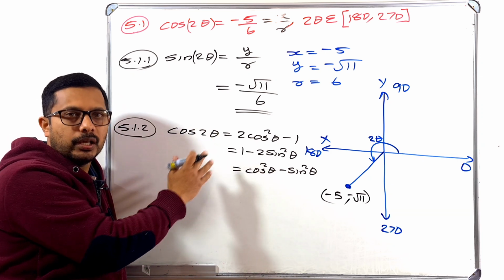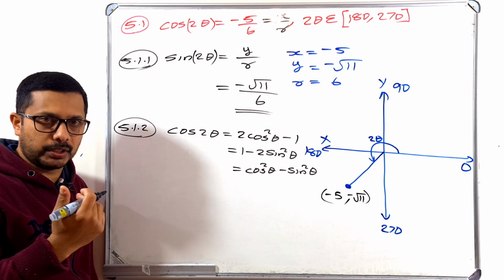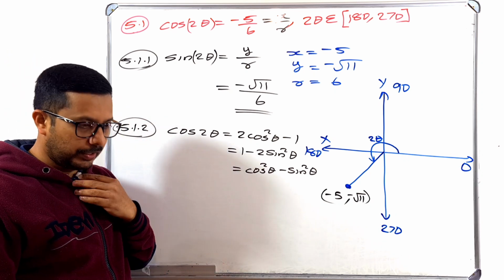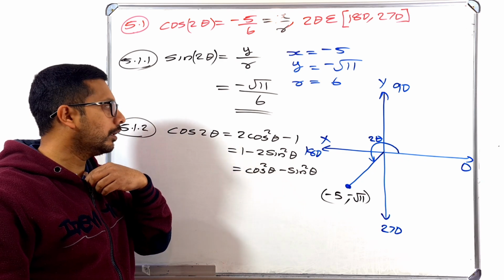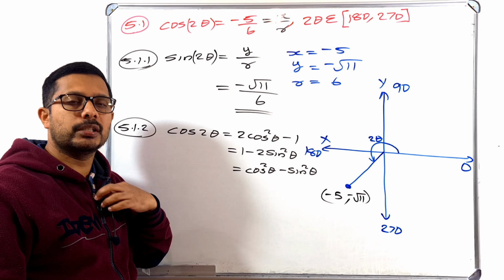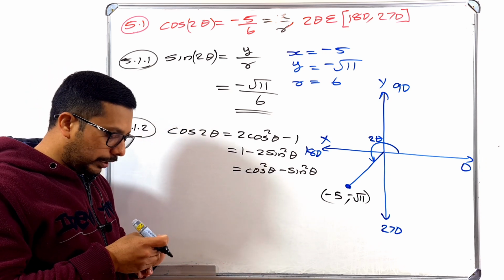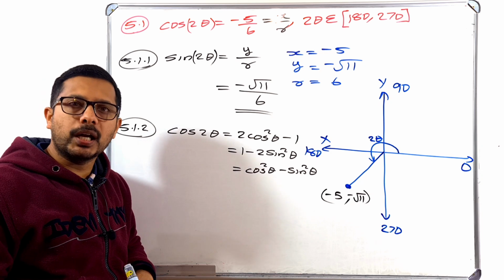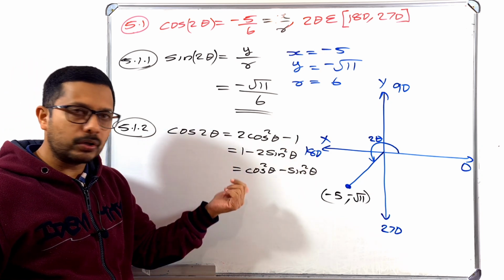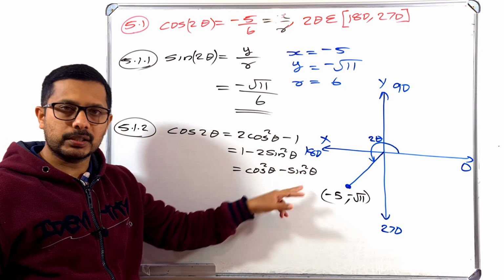It's very important. In your exam, if you have any doubt, you can check the formula sheet once more. Otherwise it is better to know them by heart. Cos 2 theta is 2 cos squared theta minus 1, or 1 minus 2 sine squared theta, or cos squared theta minus sine squared theta.